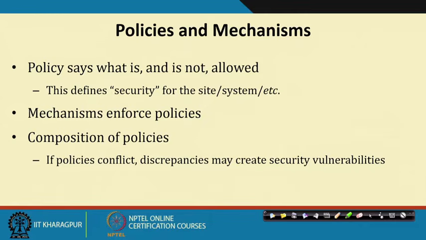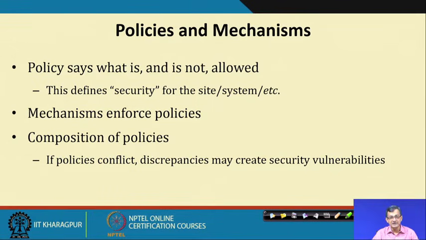So, I have some security policies, this may happen, this may not happen, etc., and there should be a mechanism to enforce them. Policy says what is allowed and what is not allowed. This defines the security of the site, system, etc. Mechanism is the enforcement of the policy, and there can be a composition of policies.